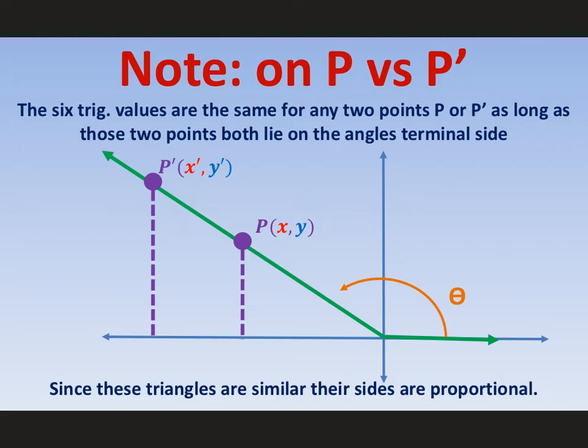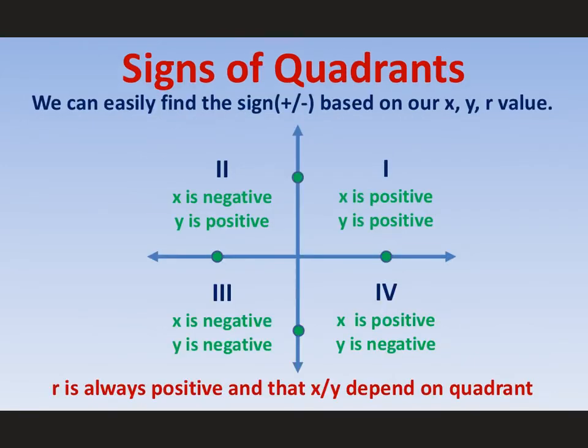And since they're similar triangles, the sine, cosine, and tangent and everything for this angle theta is going to be the same. So the trig functions, it doesn't matter which point we choose on the terminal side. They're going to be proportional, so it's all going to work out the same. So as long as it's a point on the terminal side, that's why we don't really care which one we choose. It all kind of works out the same way.